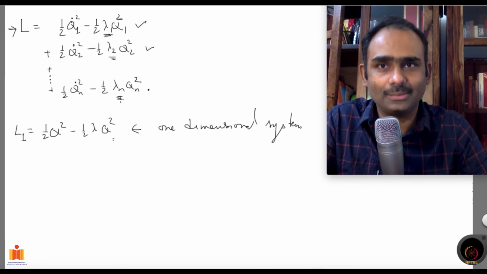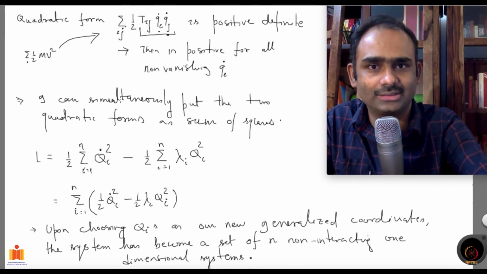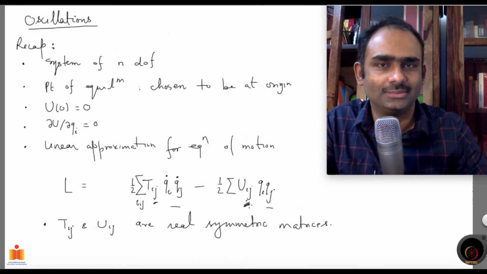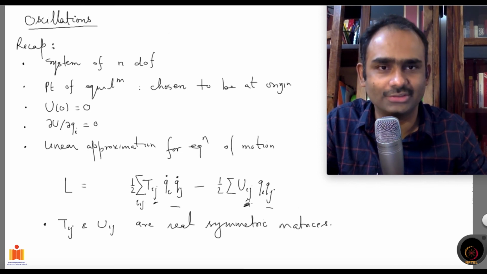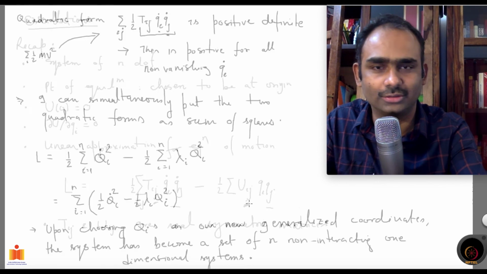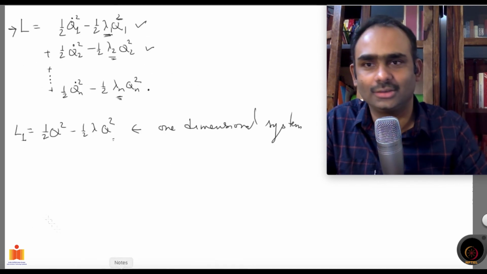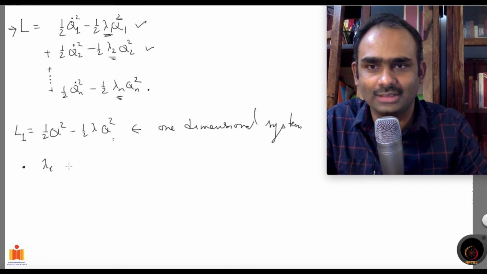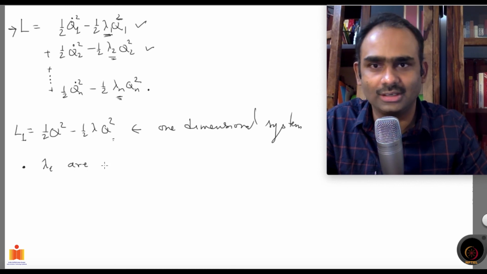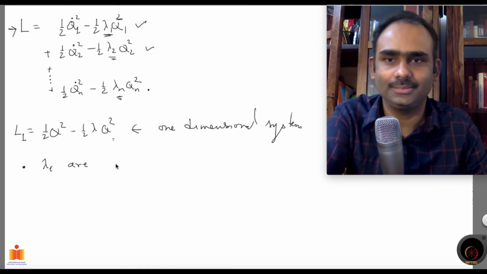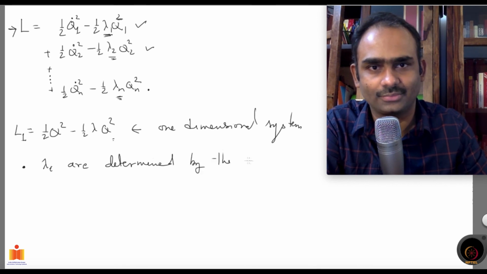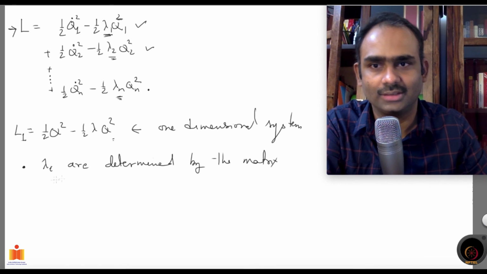Now what controls these lambdas? It is controlled by the matrix U. Where is that? Here. See, those lambdas are the eigenvalues of this matrix U, right? So it is the matrix U which controls them. So we would be interested in knowing more about lambda. So lambda i are determined by the matrix Uij.